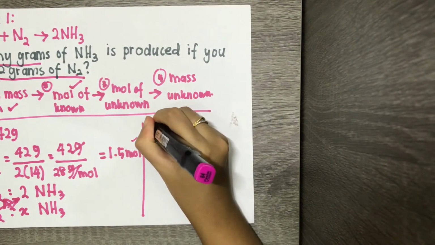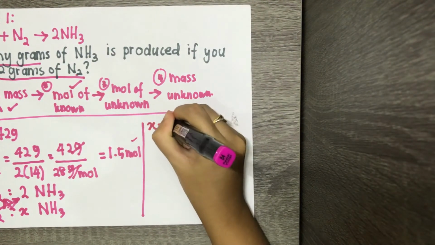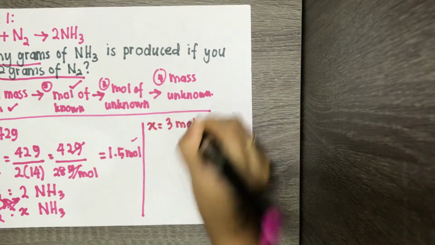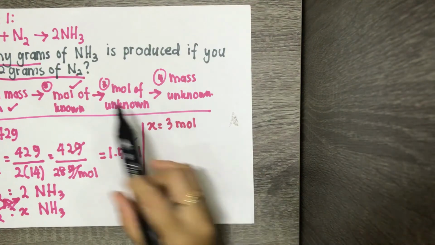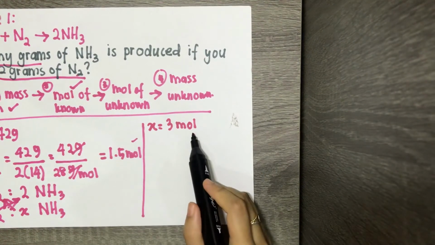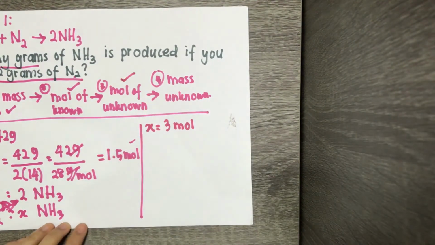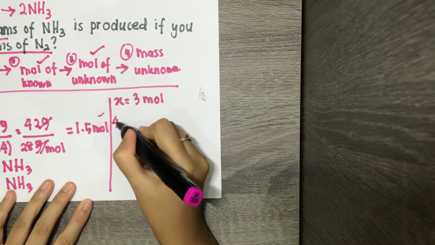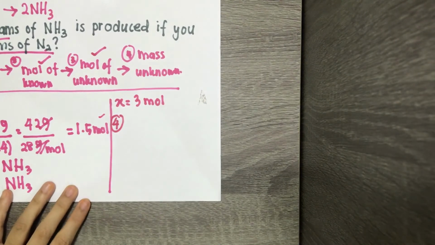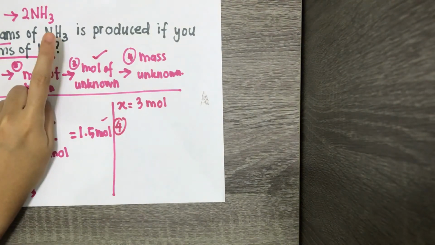So we know that X is equal to 3 mole. So kita tahulah mole untuk NH3 kita adalah 3 mole. Settle step 3.